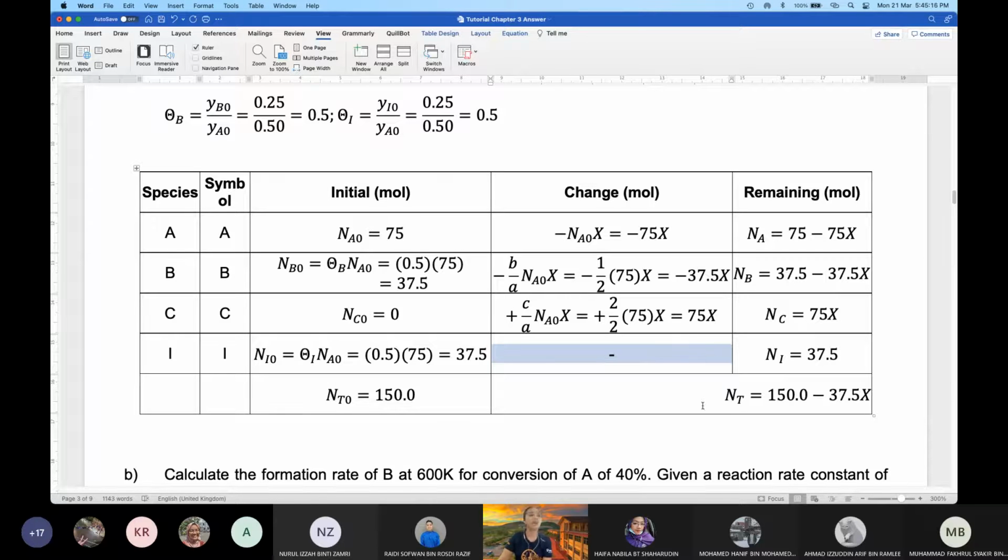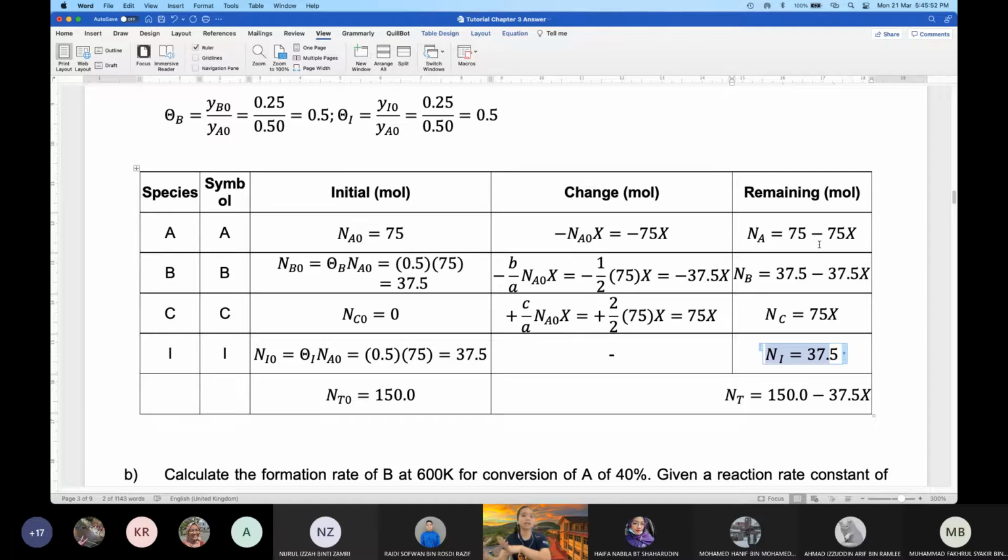Okay. Then you calculate the total inert remaining. So total inert remaining, naturally it will be equal to total inert initial because nothing happens, right, to it. So Ni is 37.5. So lastly, what you do? The last row, total initial, total remaining. So nak cari total initial, you just add Na naught plus Nb naught plus Ni naught. You get 150. And the total remaining, don't forget, total remaining ni a bit complex sebab you got numbers, you got x.